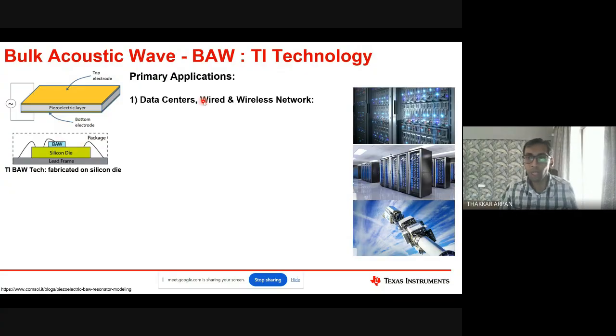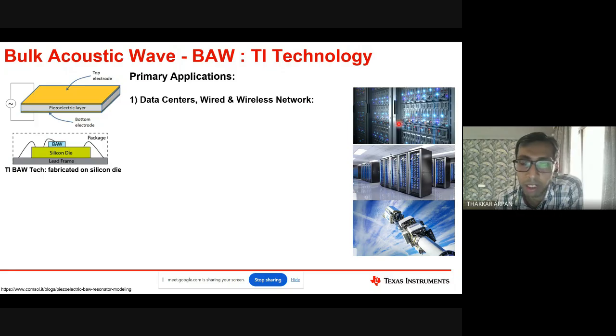Okay, so the first primary application is data centers, wired and wireless networks. Data centers, everybody would have heard of, because of the age of AI. You can see in the photos how tightly and densely packed all these boards are, because thousands of processors are doing math for you, searching information from the internet and giving you the output.